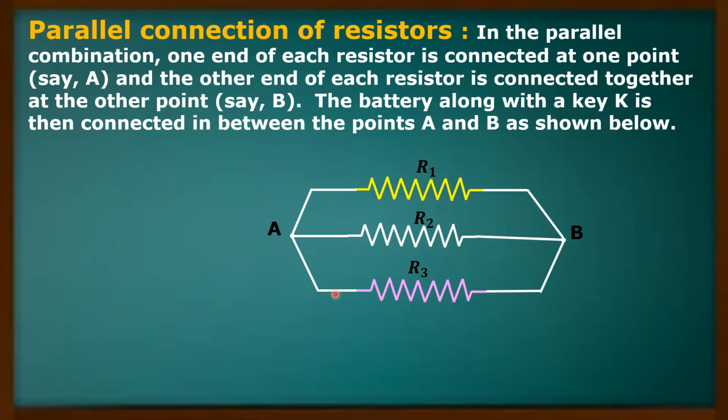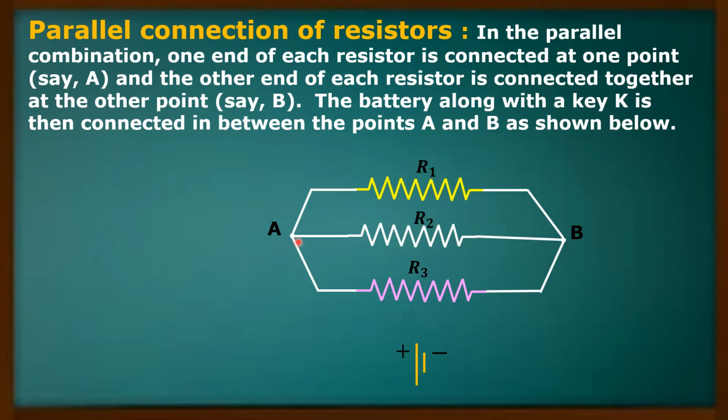Now I will connect these 2 points to the battery along with a key. This is a battery, this is the positive terminal and this one is the negative terminal.